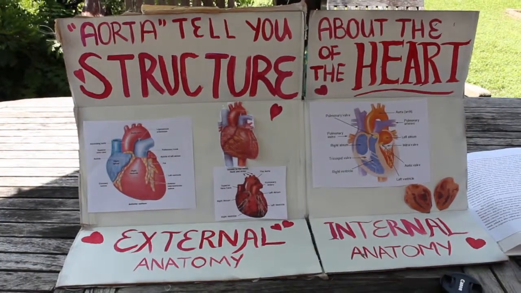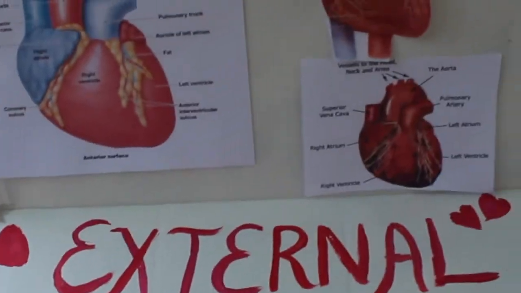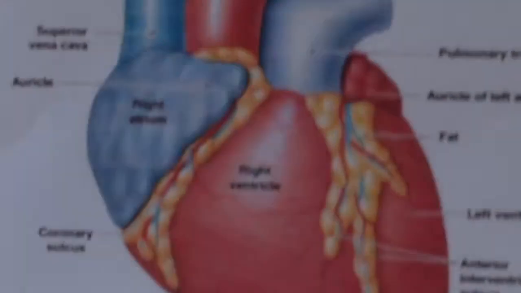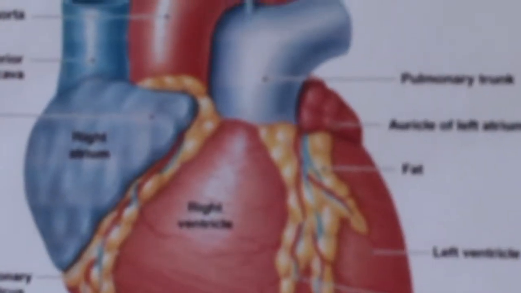So, that is a look at the internal and external structures of the heart. Thank you. This is my board. Going in, we have the external anatomy of the heart and the internal anatomy of the heart. Right here, we have the anterior side of the heart, and everything is labeled.